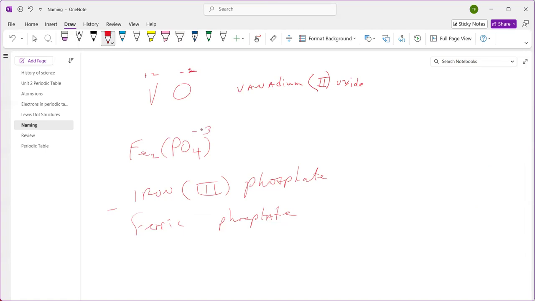Anyone see a problem with that? One iron has to be +2, the other +1, or one has to be neutral. Yeah, it's a problem. Some of these are not doable because you'd have fractional numbers. Remember, that was Dalton. Dalton said it's always in whole number ratios.